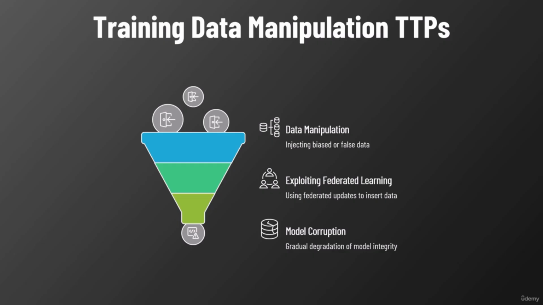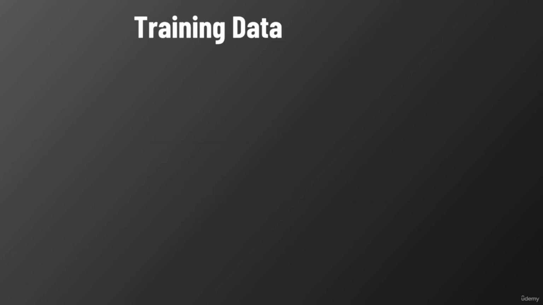Their success depends on several factors, including where the data comes from, how it's validated, and how the training process is designed. In distributed setups like federated learning, where multiple parties contribute model updates, adversaries can insert poisoned data during their contribution phase, often without raising suspicion. Over time, this can quietly corrupt the model, leading to a gradual but dangerous degradation of its integrity.